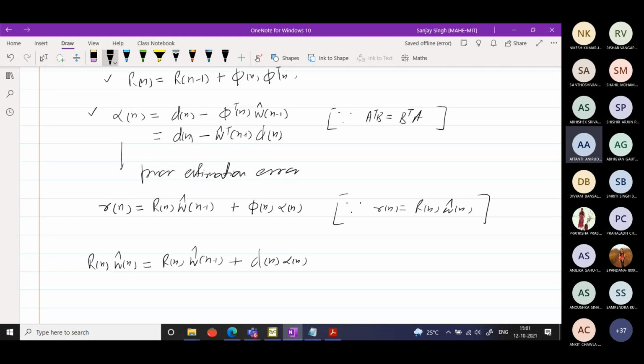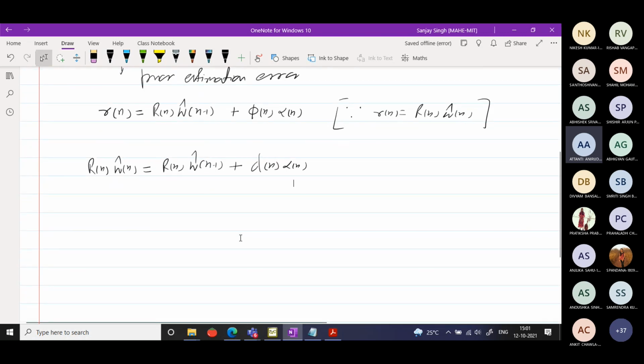Once you have this, we can of course choose to update this in the particular part. We want this updated value for Wn, so I can take R to the other side. Just hold on. You may say, man, what a big deal, you could have done this earlier also.